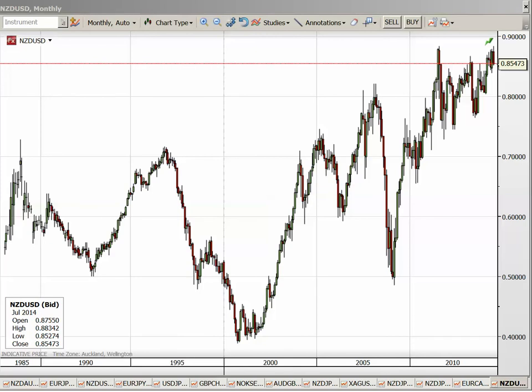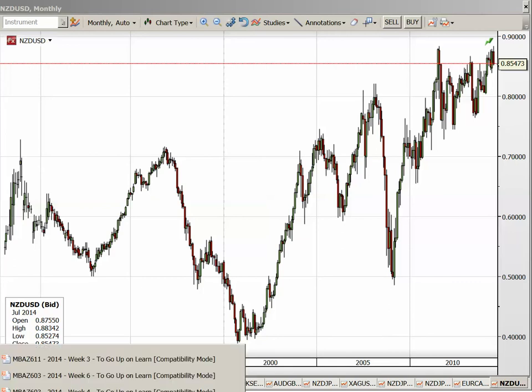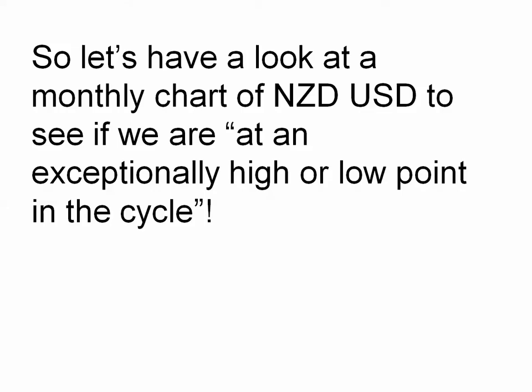Even though the current monthly candle is red, i.e. it's down, we are very near exceptionally high levels, so it certainly meets the criteria in terms of the current NZD USD price.